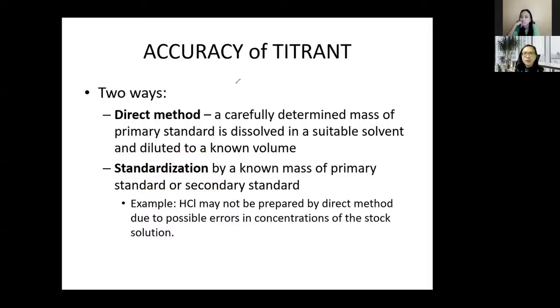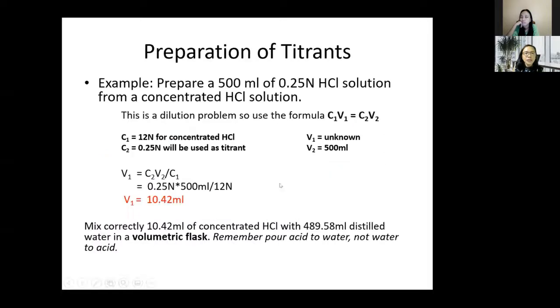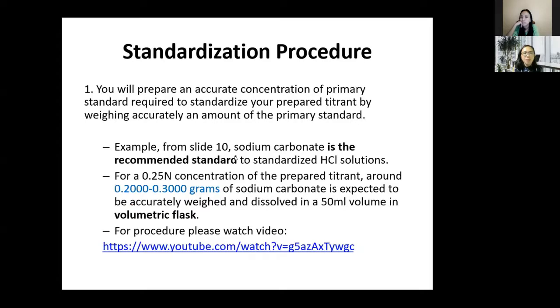Now, before doing the titration method, it's important that you know how to estimate kung gaano karaming mass ang iyong gagamitin during standardization. Okay? That particular lab technique, that's the first thing that you should do.